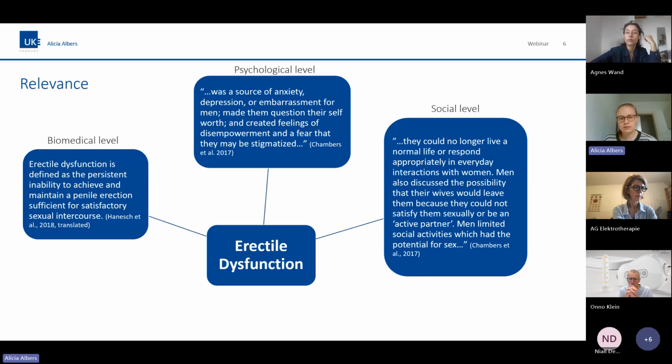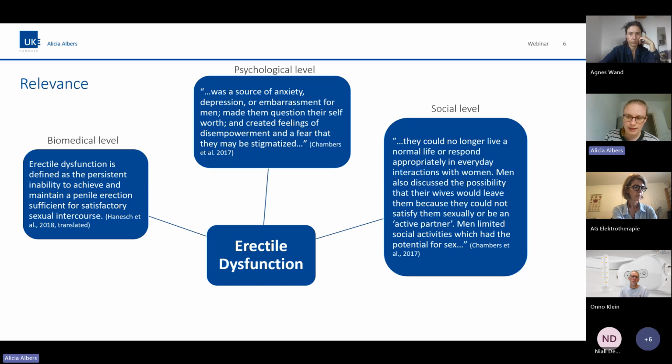I think this quote is also really important and shows what effects this kind of dysfunction can have on a psychological level.